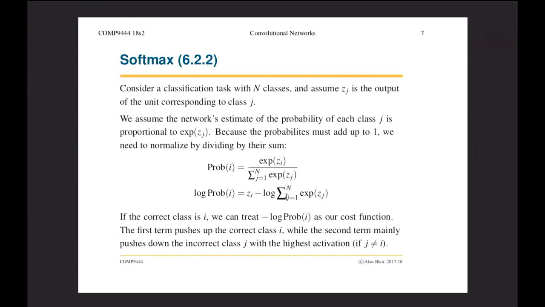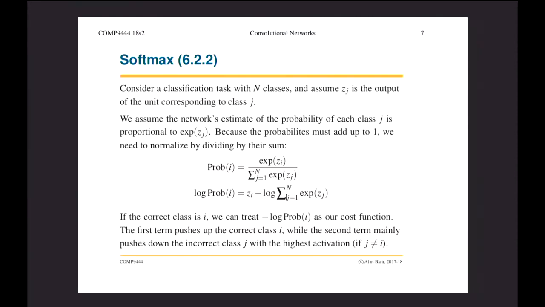So if this output is 1 higher than that output, then this is more likely by a factor of e, which is 2.71828. If the distance is 1/2, then this is more likely by a factor of the square root of e. If it's 2, then it's e squared, and if it's 3, it's e cubed, and so on. You can figure out these numbers: e squared is approximately 6, e cubed is approximately 20.